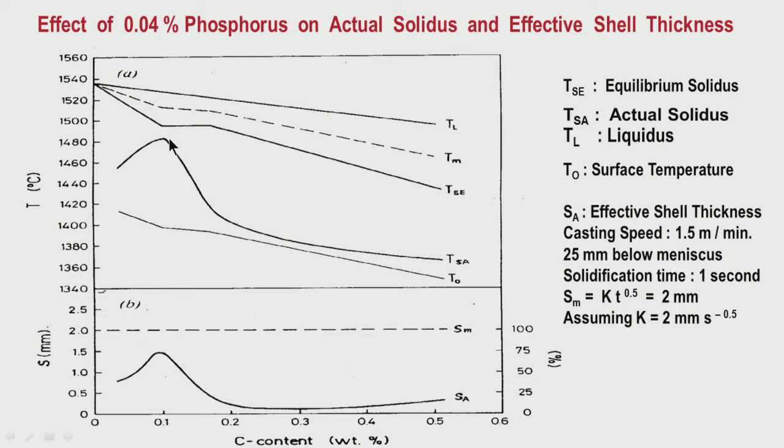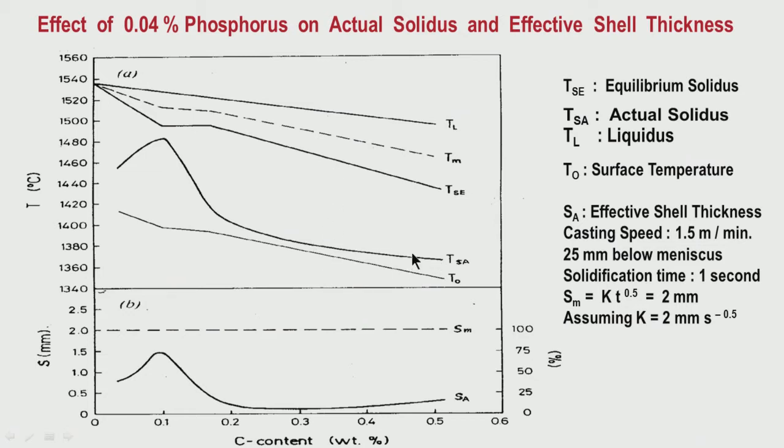Around 0.1% carbon, where microsegregation is relatively less, it comes down by only about 20 degrees centigrade. But when you come to a level of say 0.2, 0.25, 0.3, the difference is almost 100 degrees centigrade. So, from a level of 20 degrees it is increasing to 100 degrees.